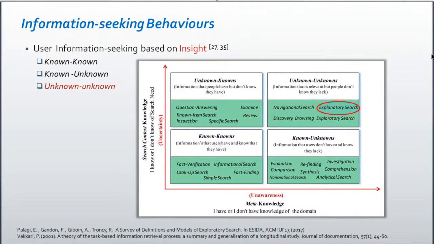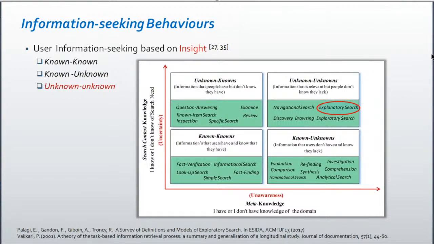Browsing is one behavior which we keep in this block, because browsing is basically going in a direction and seeing all objects, scanning all objects possible on the path. Browsing does not involve any kind of focused search. It is just looking at all the possible items which come in your path, right?